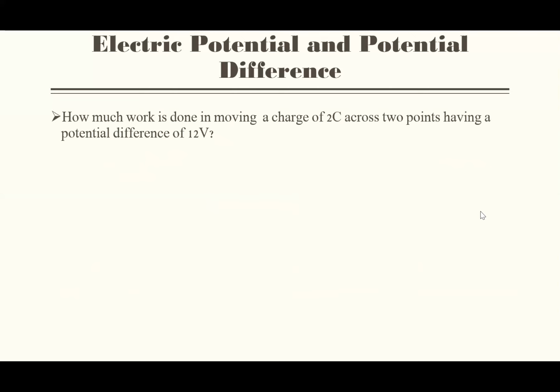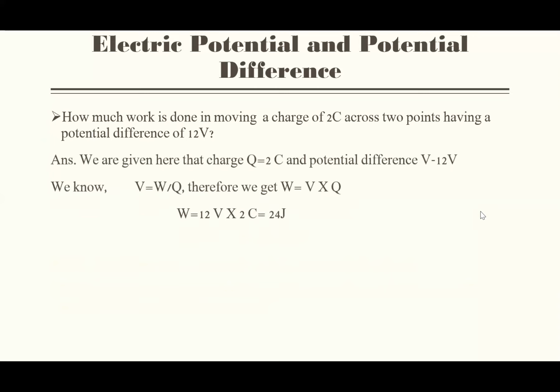Coming to a numerical, how much work is done in moving a charge of 2 coulomb between 2 points having a potential difference of 12 volt? You are given here Q to be 2 coulomb and the potential difference to be 12 volt. Therefore, W will be V into Q, that is 12 into 2.